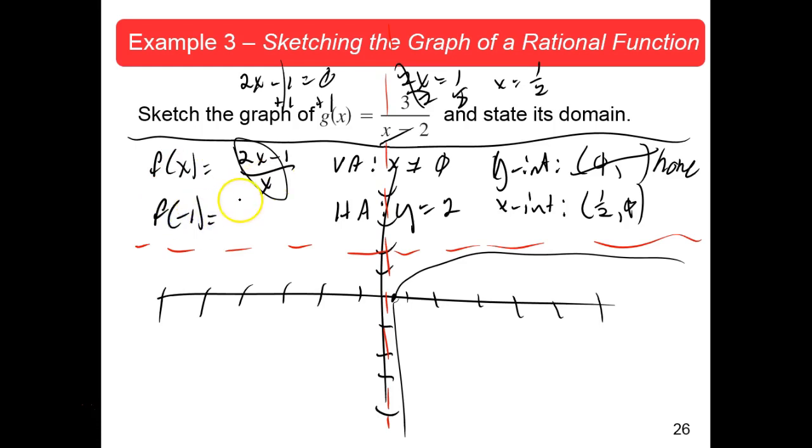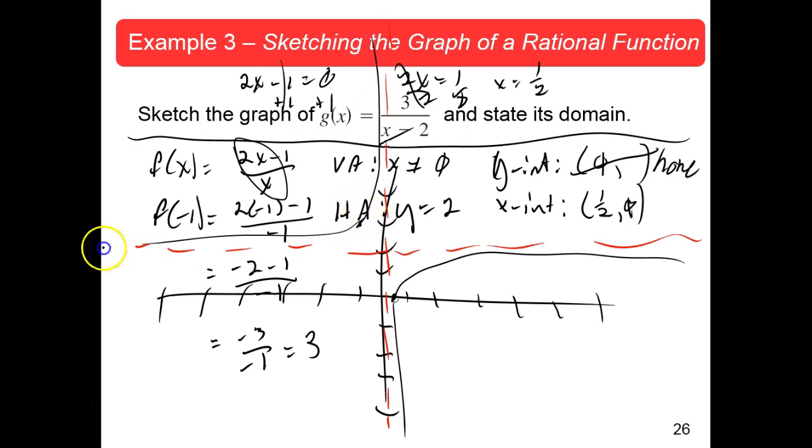What would that be? 2 times -1 is -2, minus 1, over -1. That would be -3 over -1, which would be 3. So there you are: -1, 3. Right there. So that tells you it's got to be going up there and out there. There you have it.